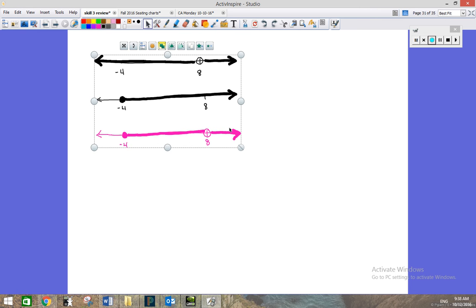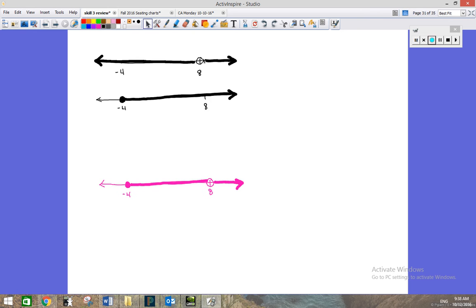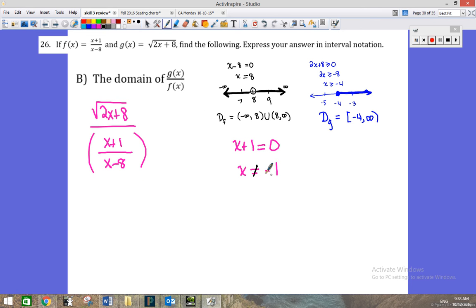What I'm trying to get you to buy into is that I have an additional number line now, and this additional restriction is that x can't be -1, because if we evaluate this at -1, what do we get?